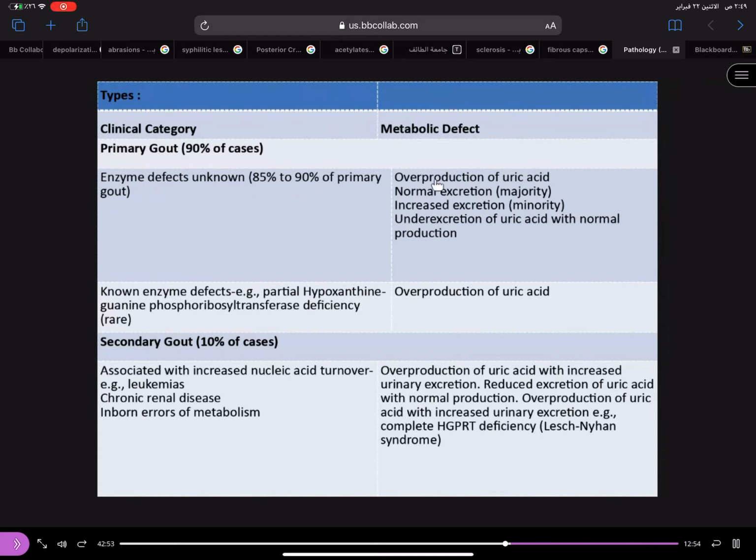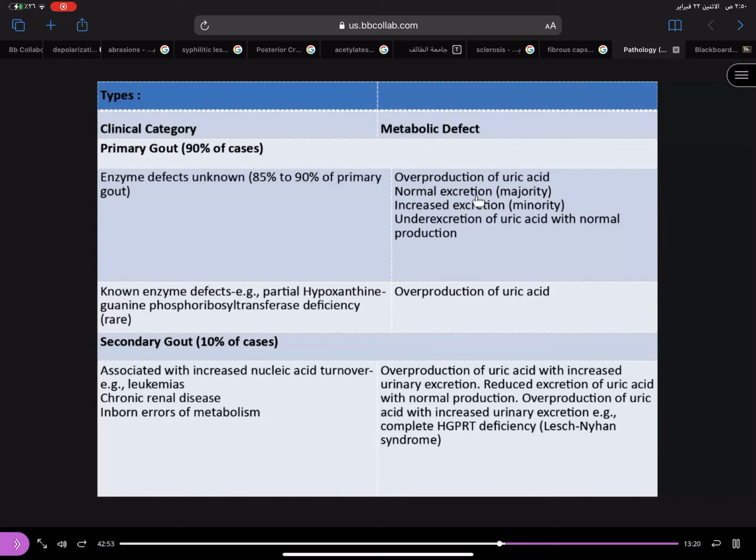Anyway, it will lead to overproduction of uric acid, and it can be with normal excretion, increased excretion, or under excretion. Anything can be there. Excretion can also be affected, but the main problem is overproduction of uric acid.